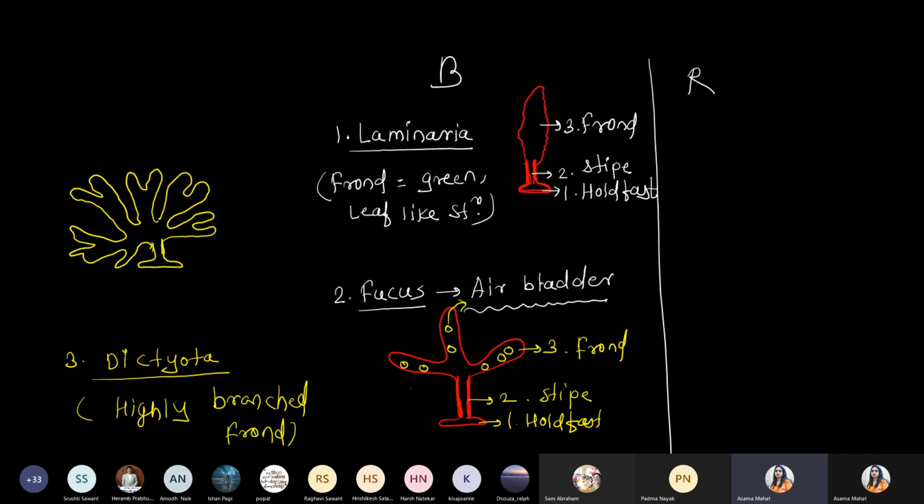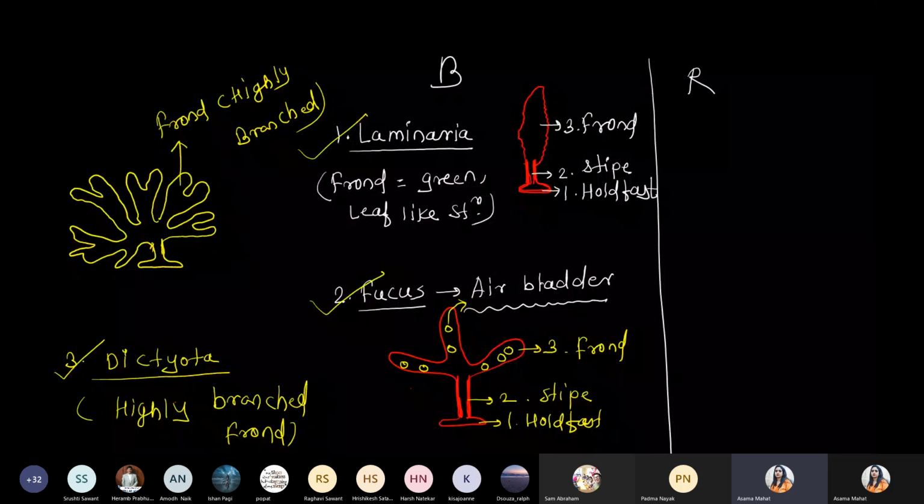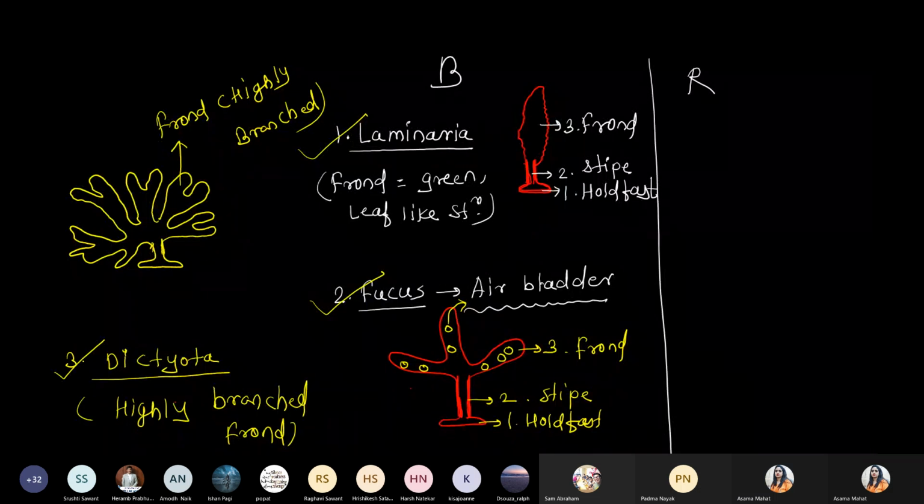Okay, so this typical structure is the frond, and the characteristic feature of the frond is that it is highly branched. So first example Laminaria, second example Fucus, and the third example is Dictyota.